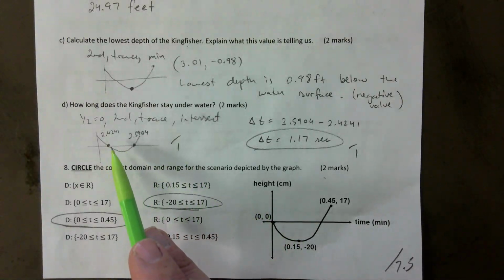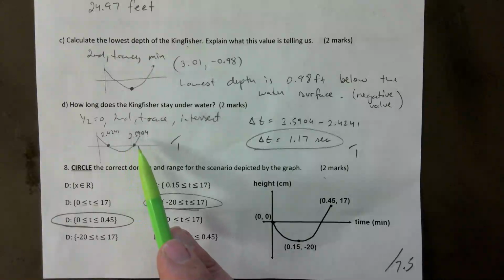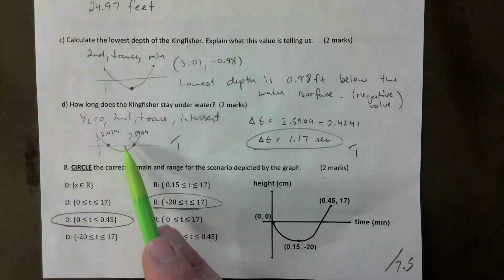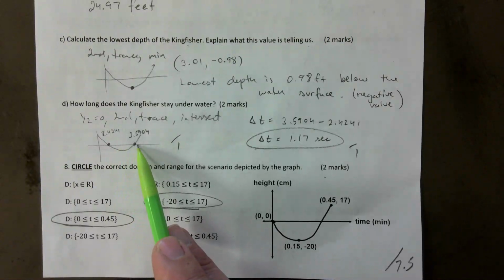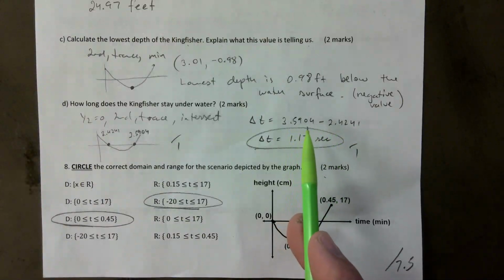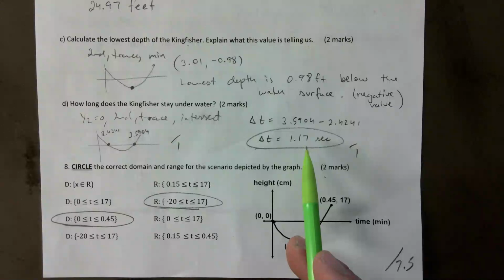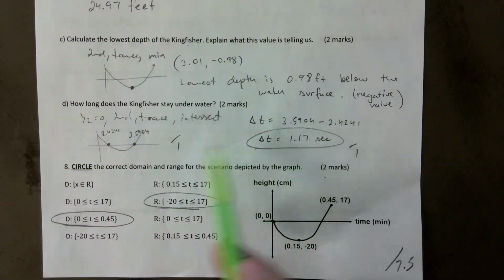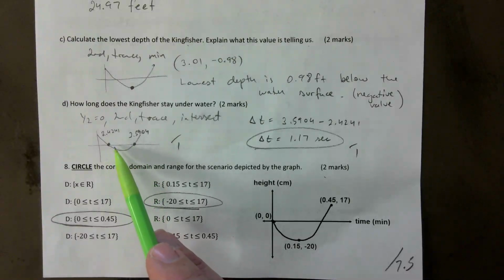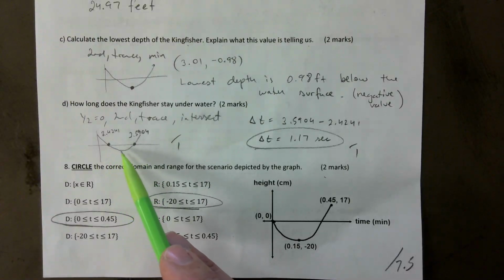How long does the bird stay underwater? You let y2 equal 0 because that's your water surface here, and you find the time of entry and the time of exit. When you subtract those two numbers, remember to keep 4 decimals along the way. It's 1.17 seconds, right? So you're finding what's happening between these 2 points, which is the time underwater.